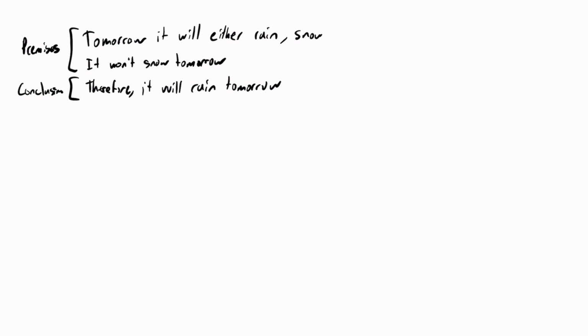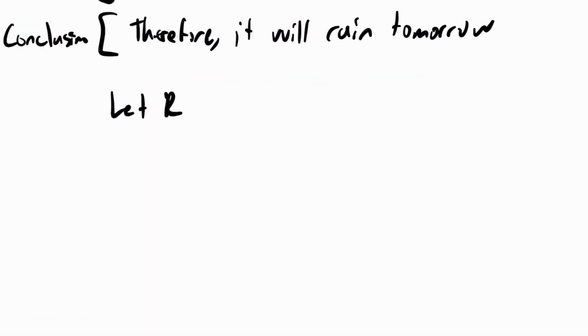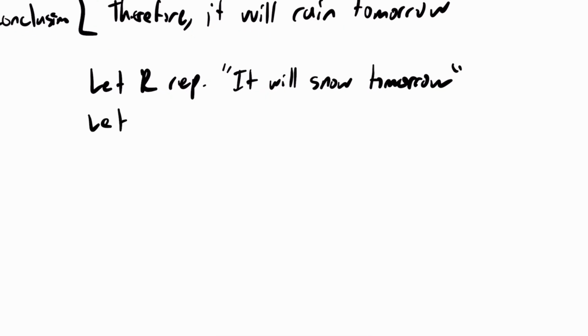And we do that with variables. So let's let R represent it will rain tomorrow. I don't know why it's but snow. Let's let S represent it will snow tomorrow.